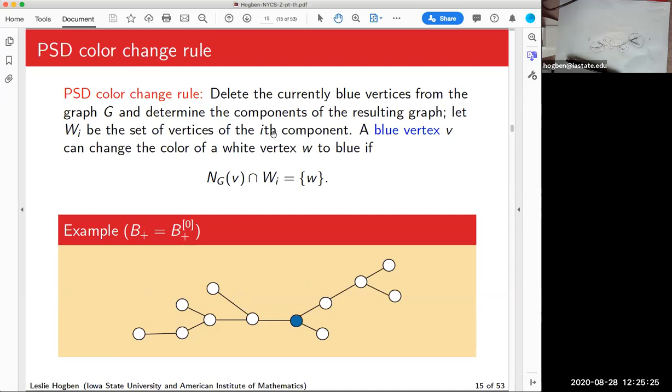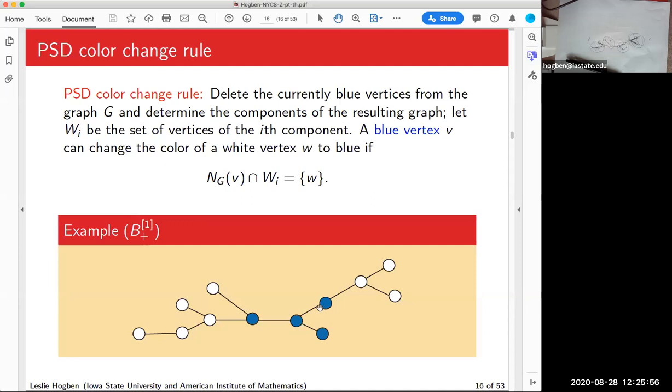And then we're going to put this blue vertex back in separately on each component, put the set of blue vertices in, and ask: are we able to perform a standard force on this subgraph induced by the white vertices in one component and the set of blue vertices? Now, in a tree, that's immediate, because you will automatically have exactly one neighbor in that component, and you will perform all of those forces, as we see in the next slide.